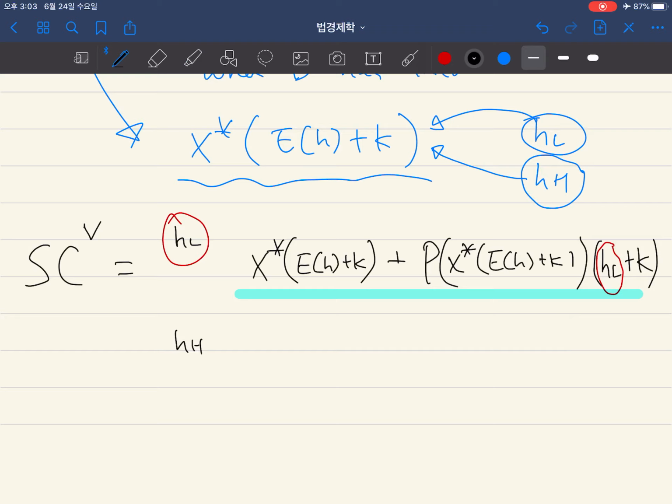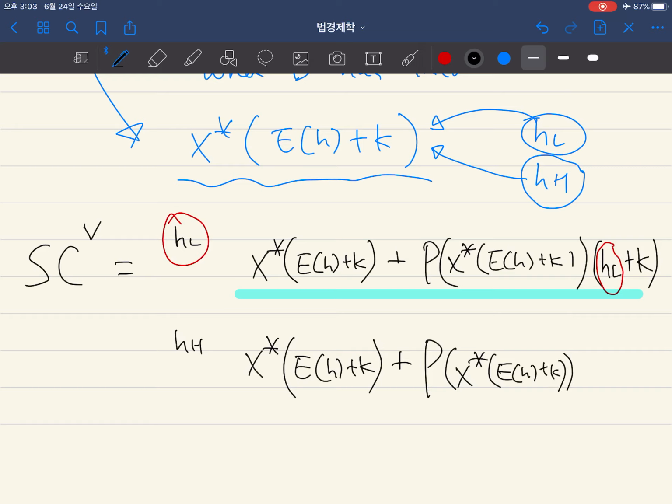And if harm is big, social cost is first care cost, so care cost plus accident occurs with this probability.